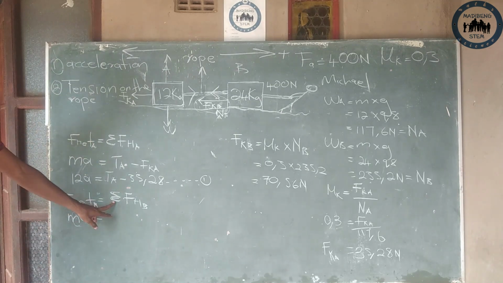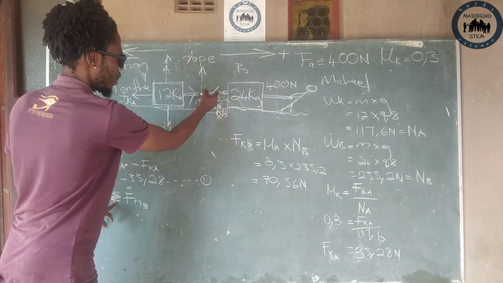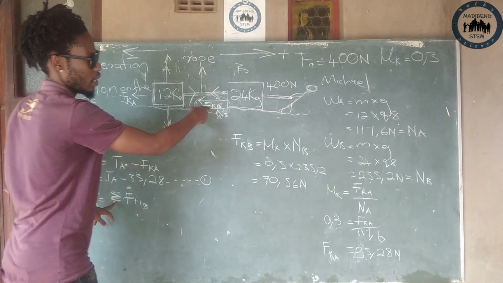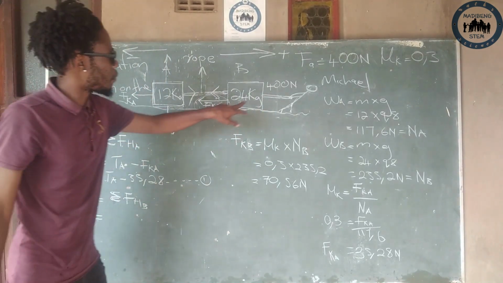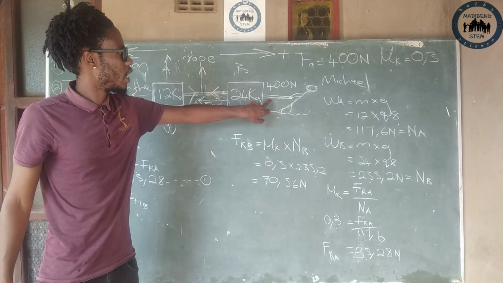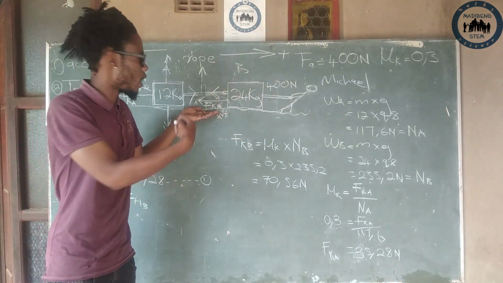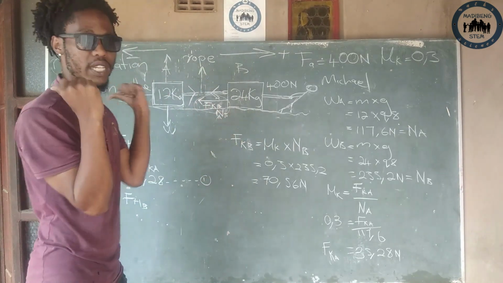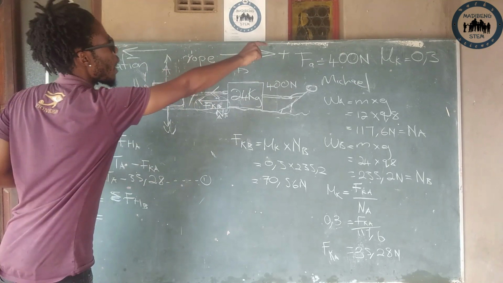We have three forces: tension, frictional force, and applied force. The applied force goes in our positive direction, and Fk and tension go in the opposite direction.